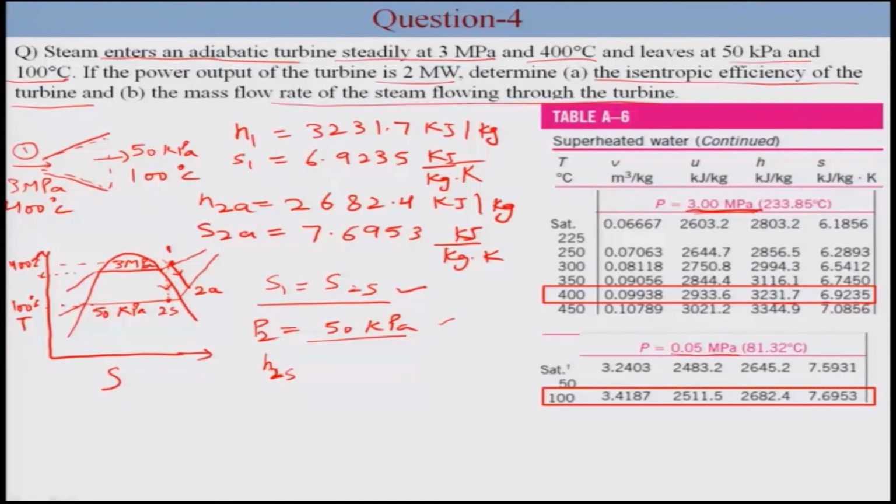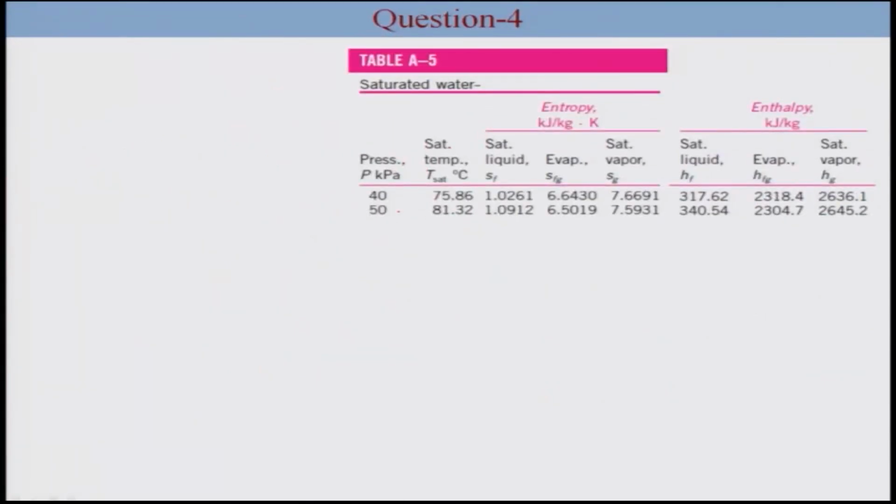If we see from the TS diagram, this is moving into the liquid and vapor region, and also at 50 kilopascal from the table of saturated water, the entropy for state 2S lies between these two values. So, it will be a mixture of liquid and vapor. For this we can calculate the value of x at 2S.